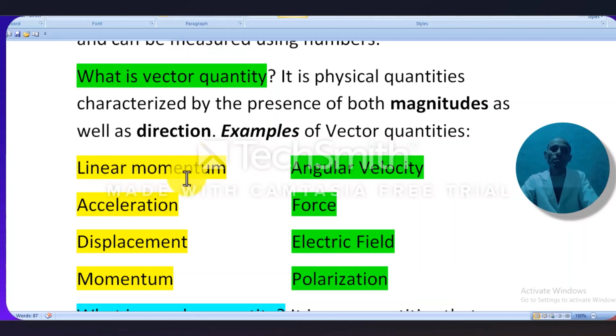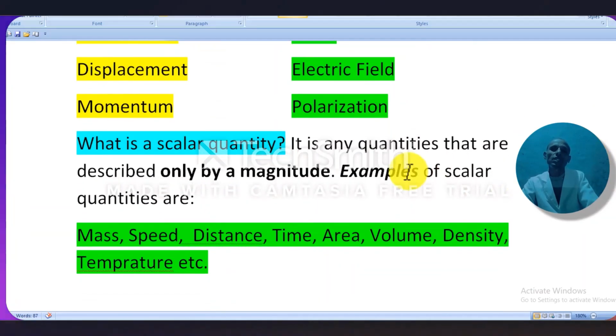Examples: linear momentum, acceleration, displacement, momentum, angular velocity, force, electric field, and polarization are all vector quantities.